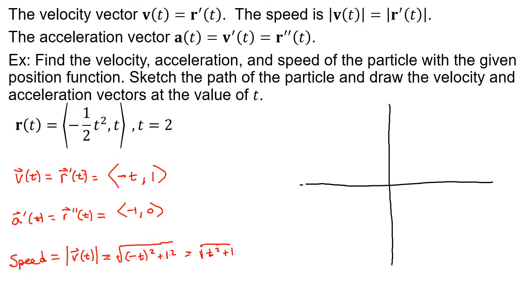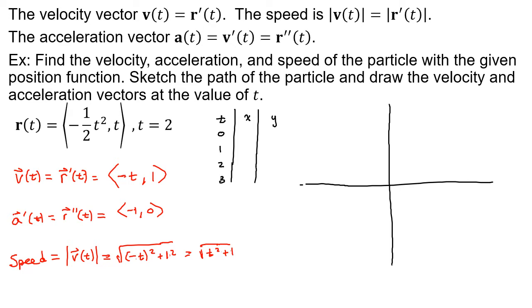Remember, we mentioned this back in chapter 10. If you have a t squared on one of your components of your vector and a t on the other one, you're probably going to get a parabola of some sort. That's what we get here. For my original vector function r, I'll pick different values for t and plot those points. I need to go through t equals 2 anyway, so let's just go 0, 1, 2, and 3.